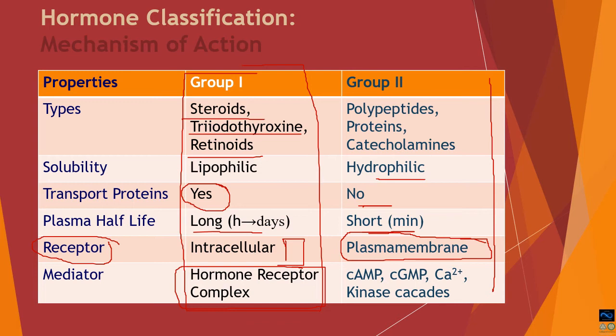So they make the hormone receptor complex on the plasma membrane surface, and hence the hormone does not traverse the plasma membrane. It doesn't go inside the target cell. Inside the target cell, the second messengers do the function of the hormone. Those are cAMP, cGMP, calcium, or certain kinases.